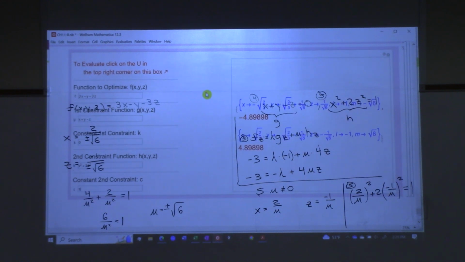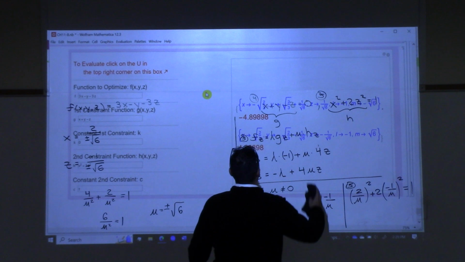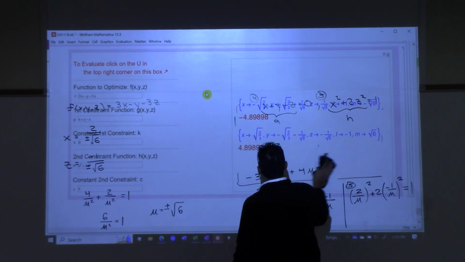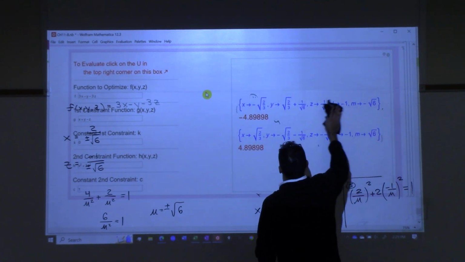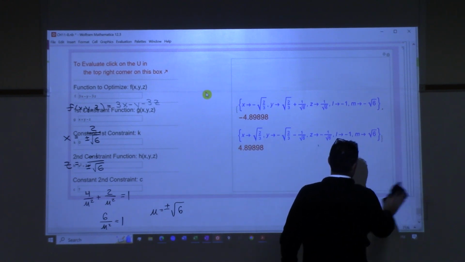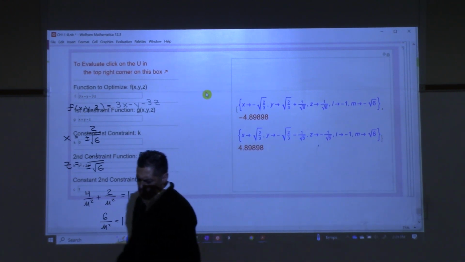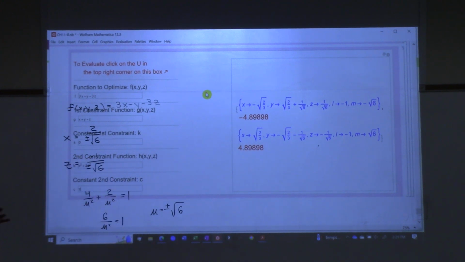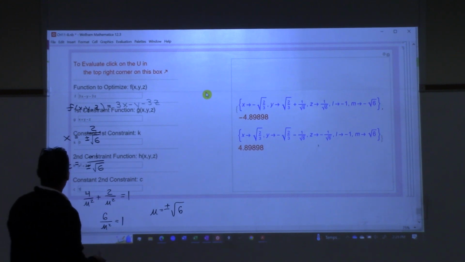There we go. The first one is distance. No, this was not a distance problem. This was just find the max and min for this function given these constraints. So let's see, are these the right things?